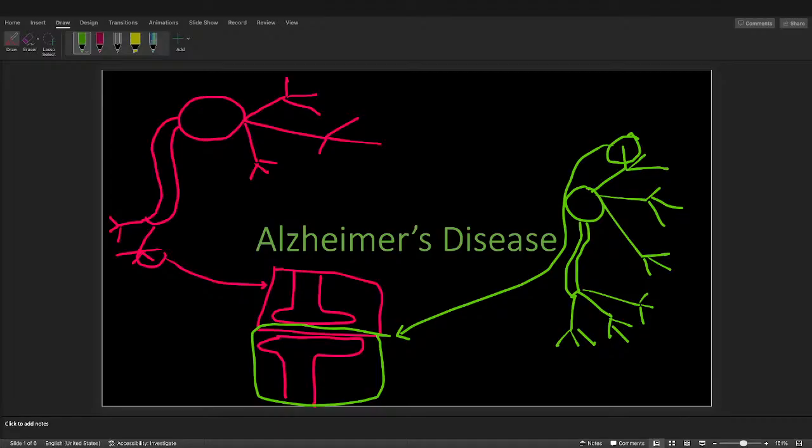Those kinds of things balance out the activities that a neuron needs to perform its normal activities. However, an imbalance of all of these things can lead to diseases, one of which is Alzheimer's disease.